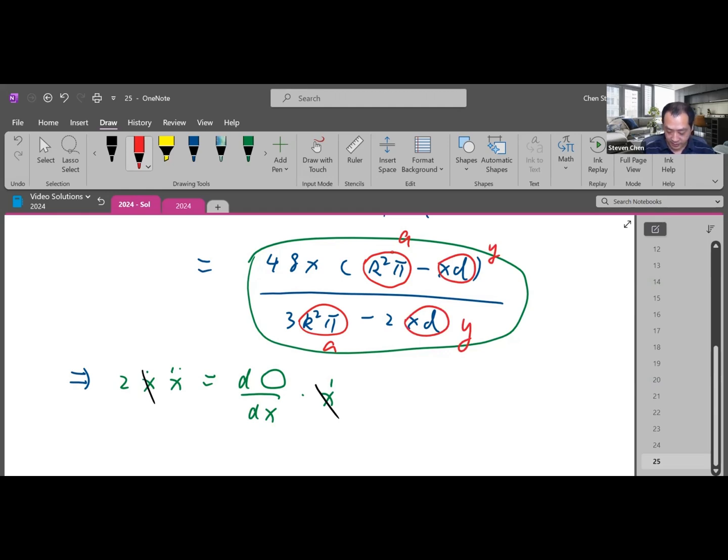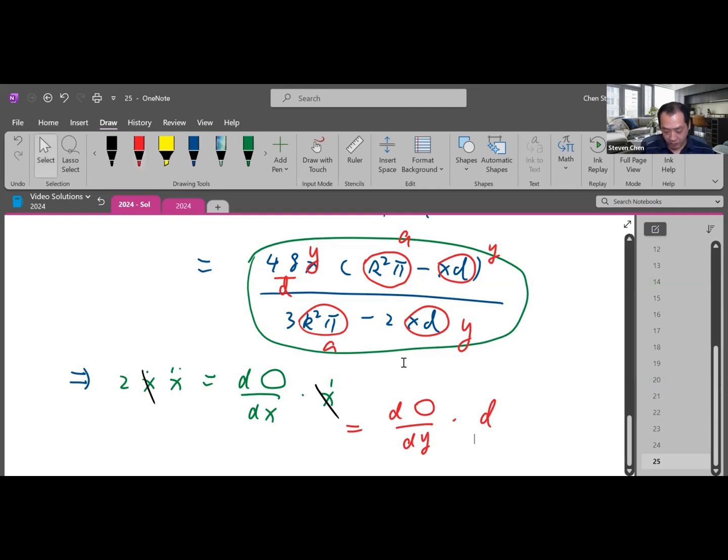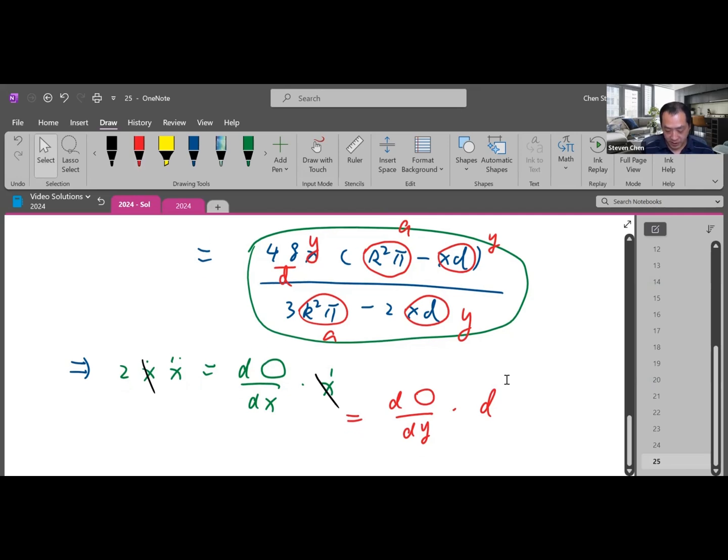So x becomes y over d. Okay, so we get this expression. Then for its derivative, we can take the derivative with respect to y. And then dy over dx is simply equal to d. Okay, so now the problem boils down to computing the derivative of the expression in the green circle with respect to y. So let's do it, okay?